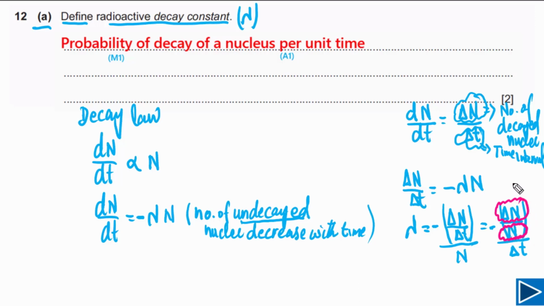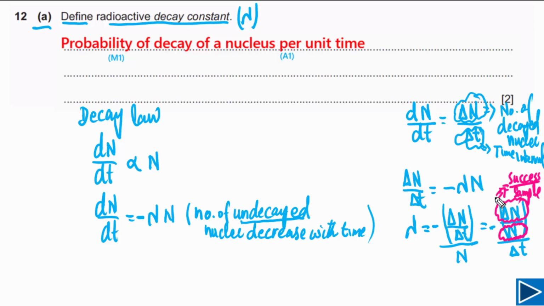You can also understand this in simple language: delta N represents success, meaning the number of nuclei decayed. N is the sample size. So this is in fact probability.